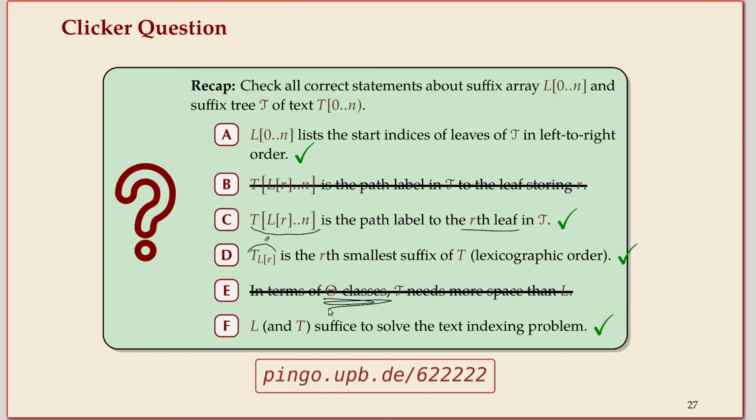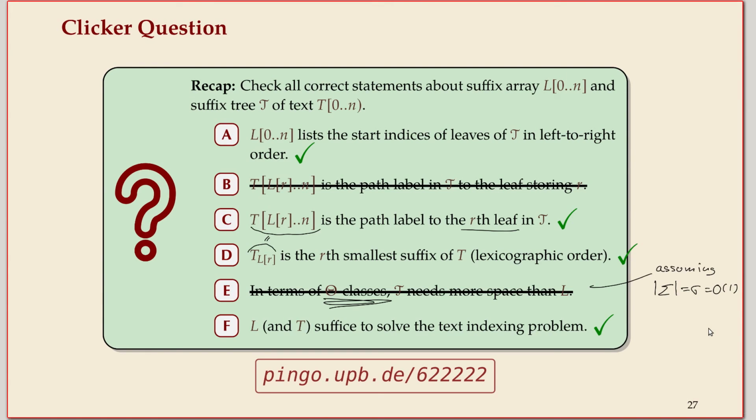They have a linear number of nodes, and each node is constant size, at least if we assume a constant alphabet. Like many things in this unit, we assume that the size of our alphabet is constant. If this is no longer true, things are not quite as clean, and it makes sense to assume that this is constant in many applications. So I'll stick with that.